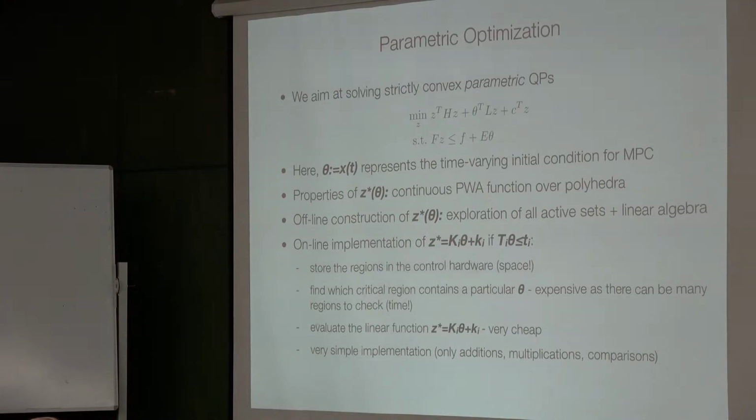So I would claim we save on the computational effort because we do simpler mathematics online, but we certainly lose on the storage because we need to store all those critical regions in the memory of the control hardware. So we are trading off, yeah? What is the number of critical regions and how is it related to the number of possible... I have that just on the next slide, so if you allow me, I will show it next.